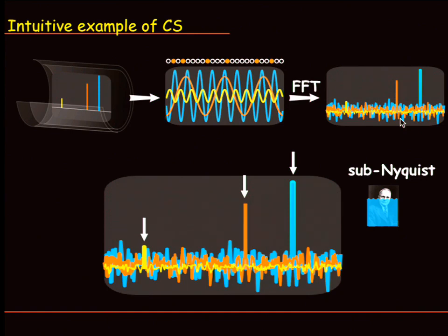If I have only one spike, one frequency is basically a complex exponential in the time domain. If I randomly subsample a complex exponential, I basically have a random sequence, and I compute a Fourier transform of it. What we'll have is a peak, because it has some DC component, and then it will have interference on it.